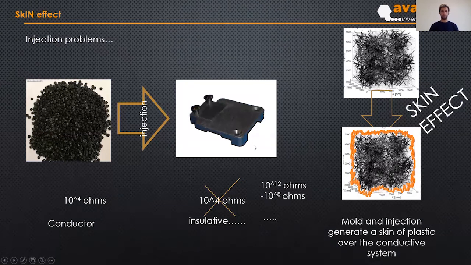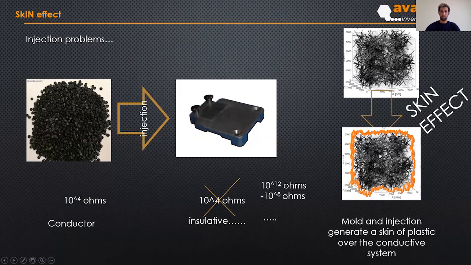Okay, the problem in this case is what we name the skin effect. The problem with the skin effect is that when you inject the sample in the mold, the temperature of the mold, the speed of the machine, there are many parameters that affect the process, and at the end this kind of thing appears: it's like we put a skin of pure plastic over the network.